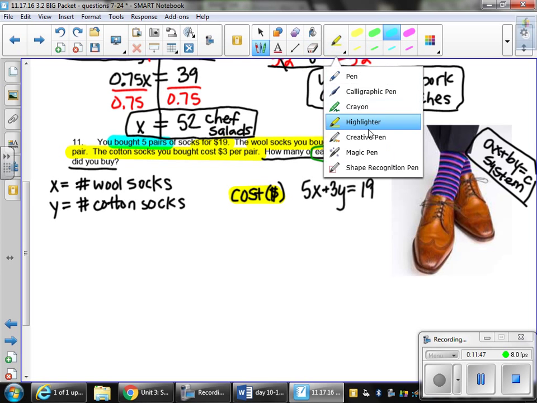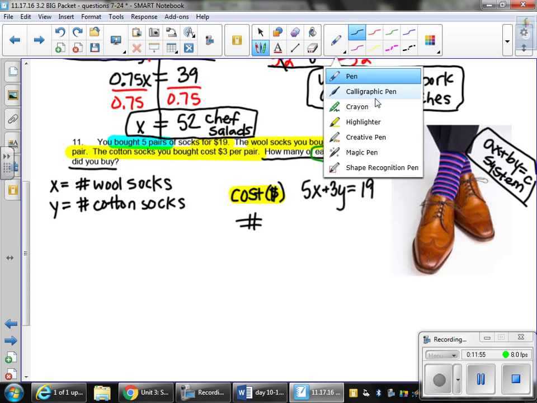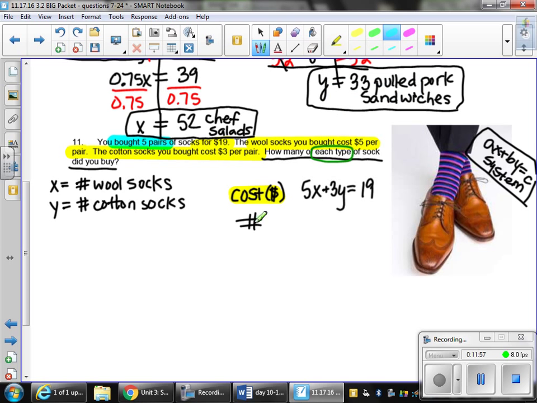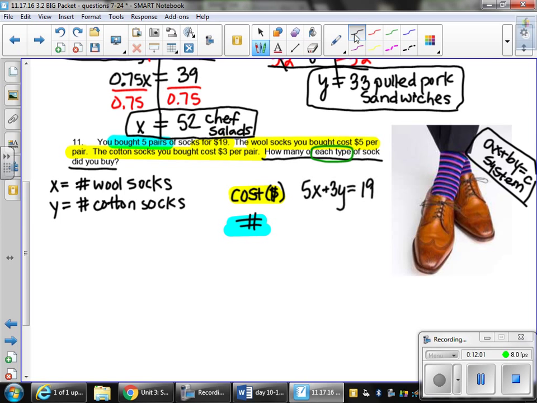That is a total number, so I know my second equation will be about number. The number of wool socks, which is x, plus the number of cotton socks, y, equals 5.